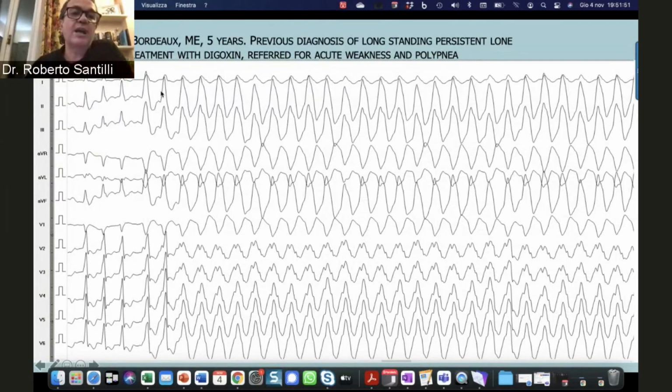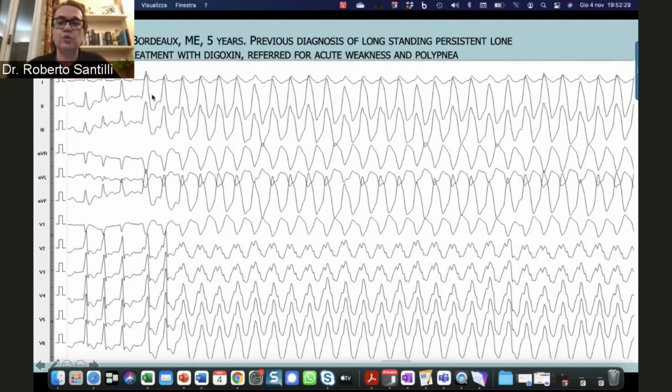So that's why, as soon as I saw that, my differential in my mind was: is this an atrial fibrillation conducted with aberrancy because the rate got faster, or is it a ventricular tachycardia? 90% of the cases are usually VTAC, but we have 10% of the cases where it's an atrial fibrillation conducted with aberrancy, and since it's sustained, this is called phase 3 block. So it's a block induced by tachycardia.